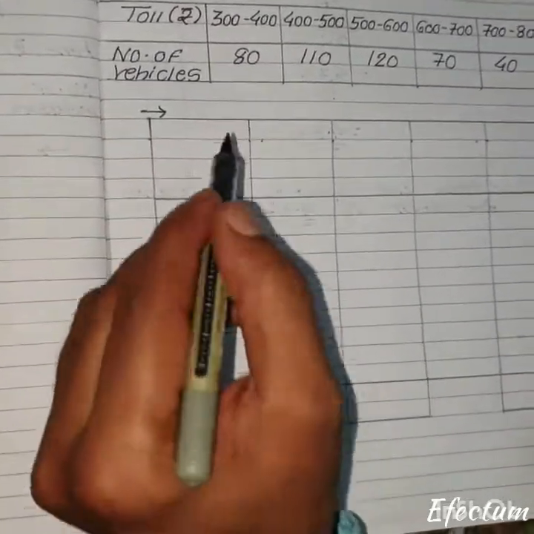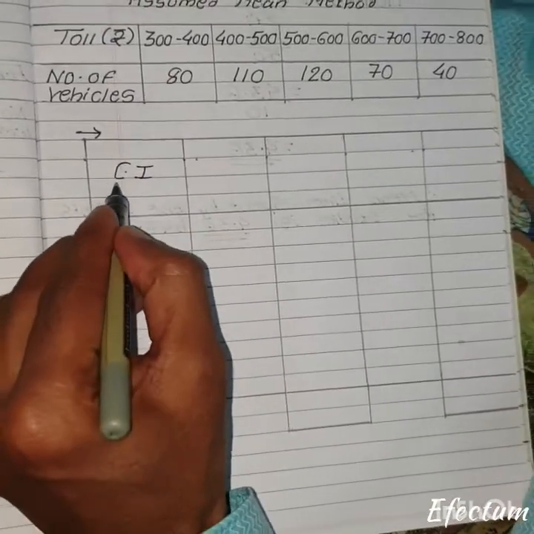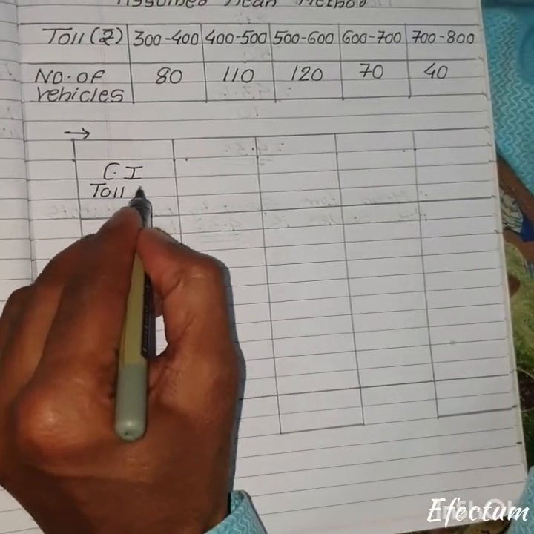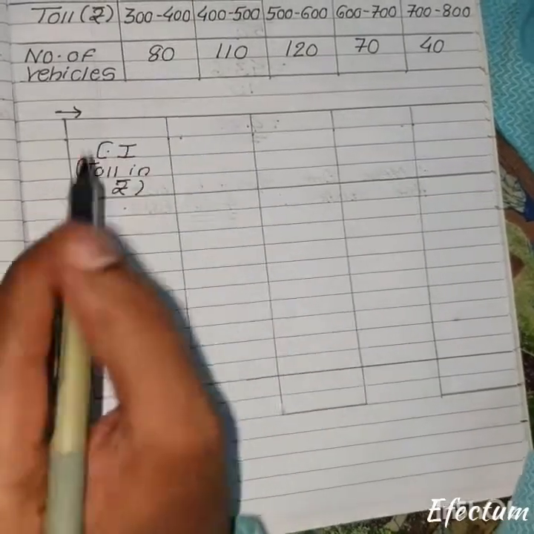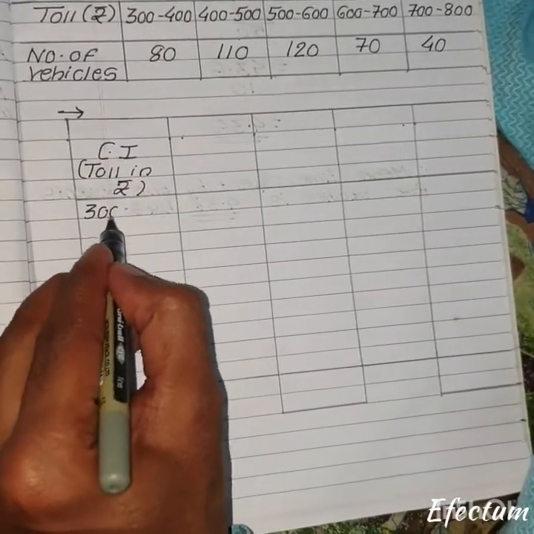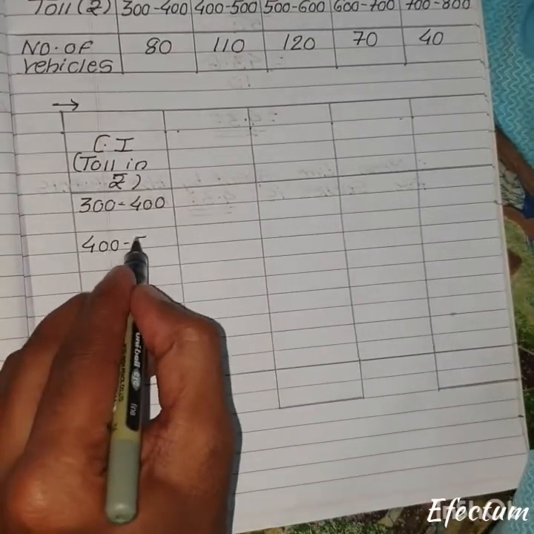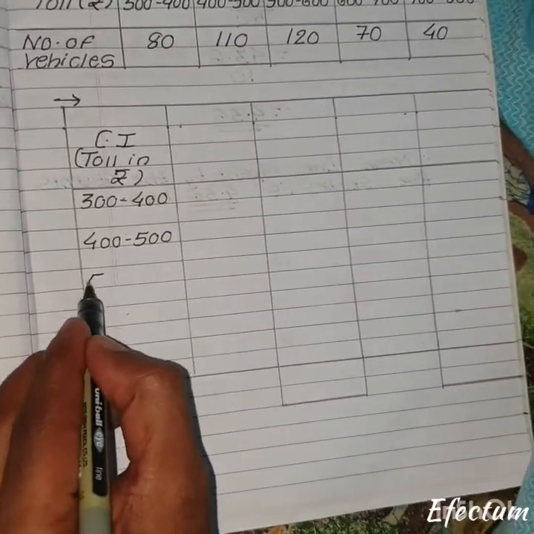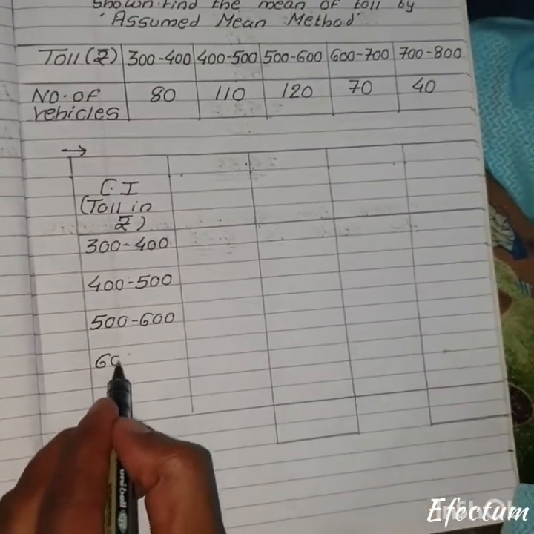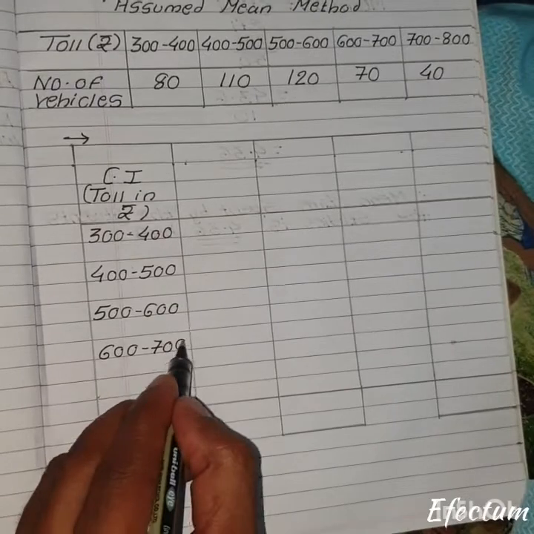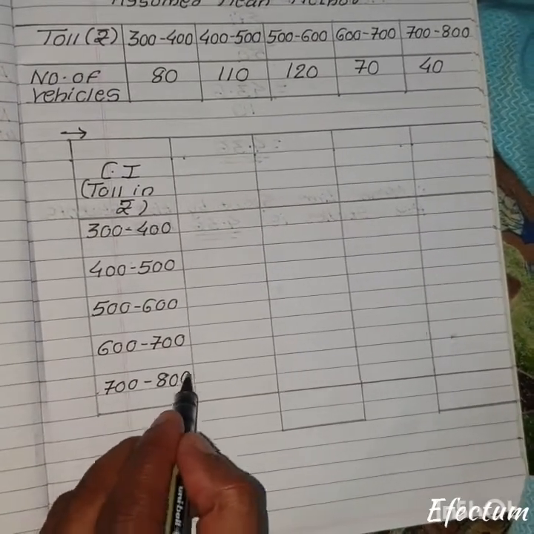So again, our first column will be CI, that is class interval. Here we are talking about toll in rupees. So what is the first class? 300 to 400, 400 to 500, 500 to 600, 600 to 700 and 700 to 800.